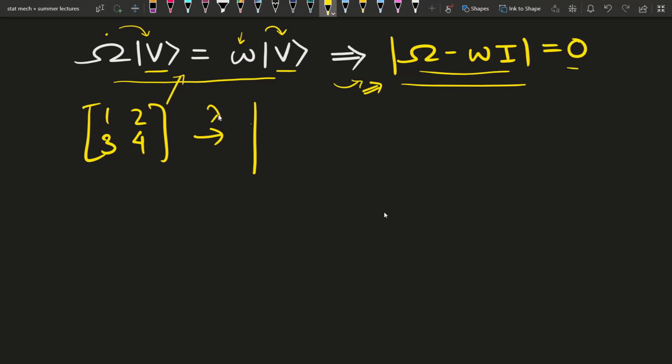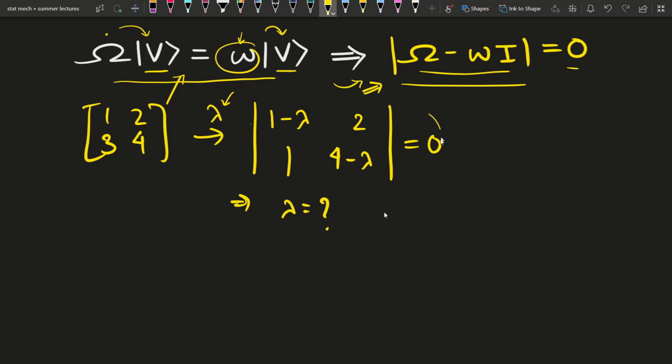To find the value of lambda, we subtract the eigenvalue from the diagonal elements, 1 minus lambda, and make the determinant of this matrix equal to 0, and from there we will get some values of lambda, right? But why this works, that I am going to discuss in this video.